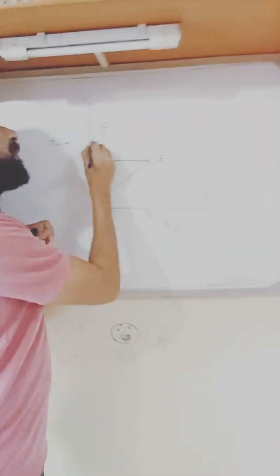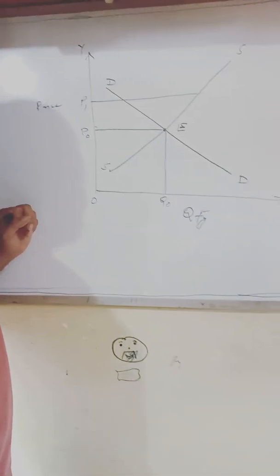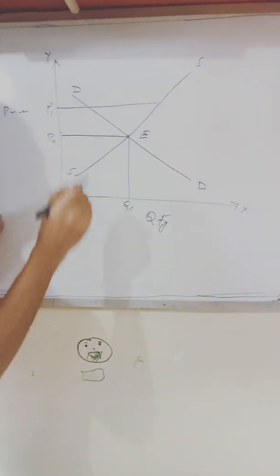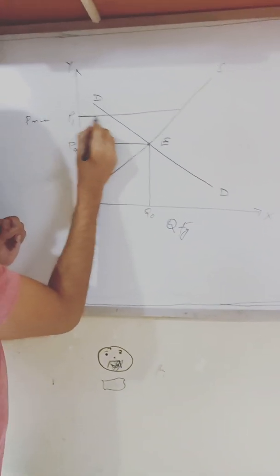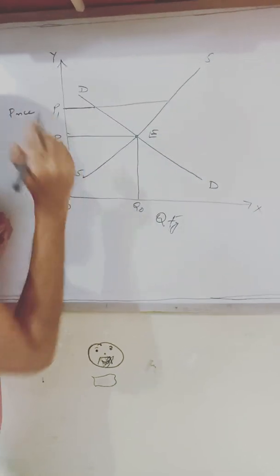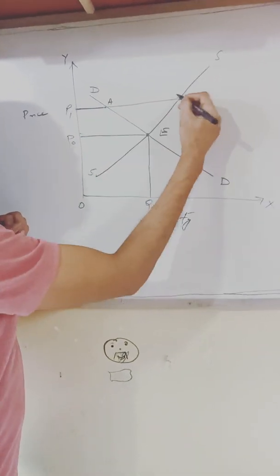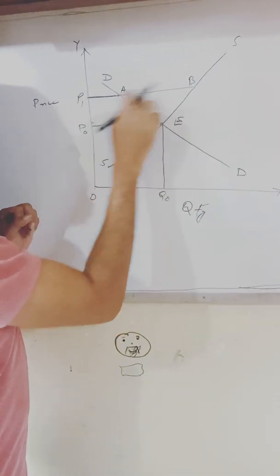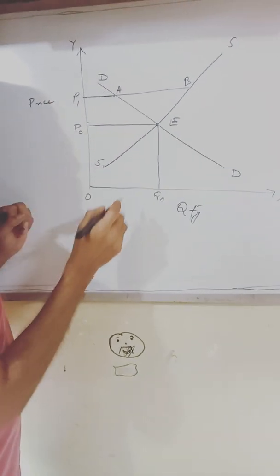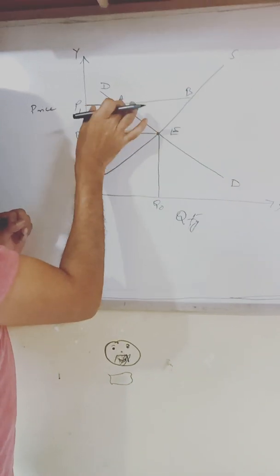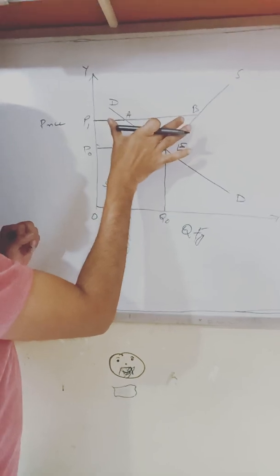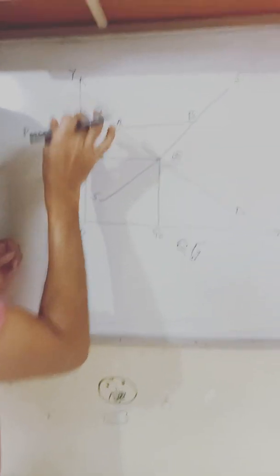Now if I consider a price like this, P1. At this price P1, we find quantity demanded is less, whereas quantity supplied is more. Let this be A and this is B. Demand is less, supply is more. Quantity supplied is greater than quantity demanded.